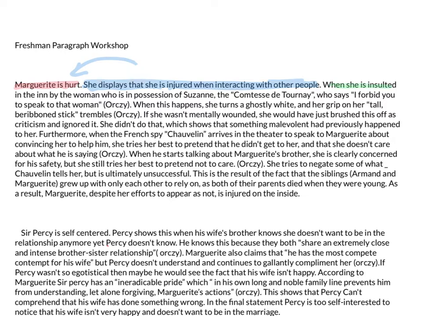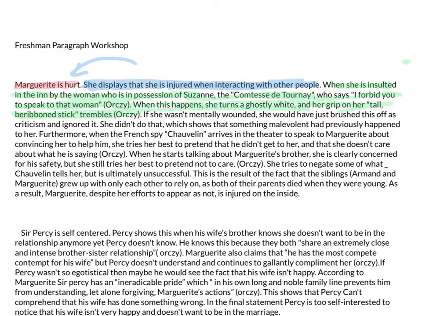When she is insulted in the inn, sorry, my pen got stuck. In the end, by the woman who's in possession of Suzanne, the Comtesse de Tournai, who says, "I forbid you to speak to that woman." When this happens, she turns a ghostly white, and her grip on her tall beribboned stick trembles. What is that?